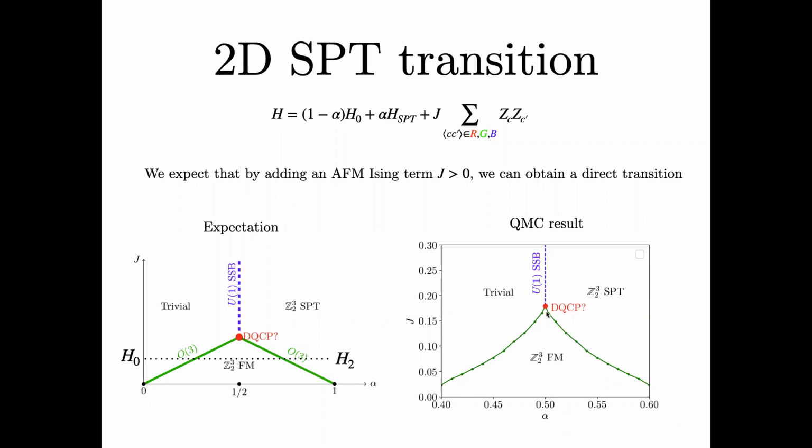We find that you can indeed leave the ferromagnetic phase, and there seems to be a direct transition between trivial and SPT over here. Let me mention, by the way, that you cannot simulate quantum Monte Carlo on this side, but we know there's a duality relating trivial and SPT, and that's just the SPT entangler. So you just need to reflect your phase diagram over here on the left to get the result on the right.